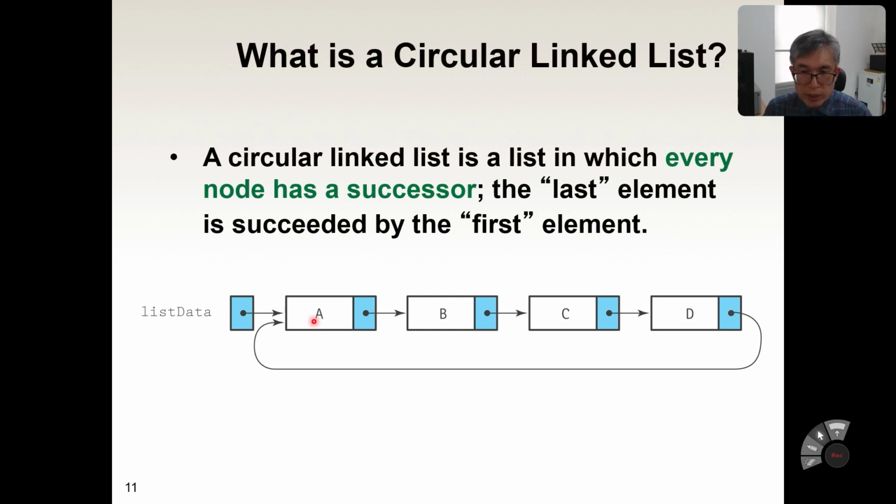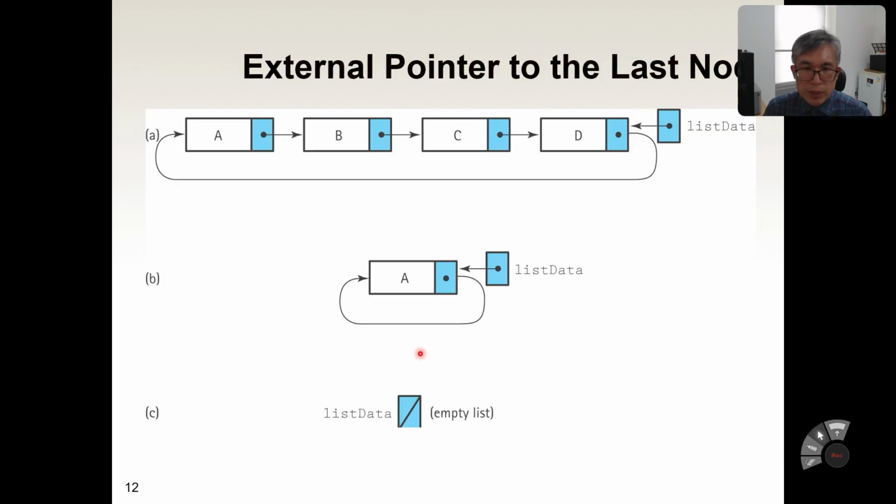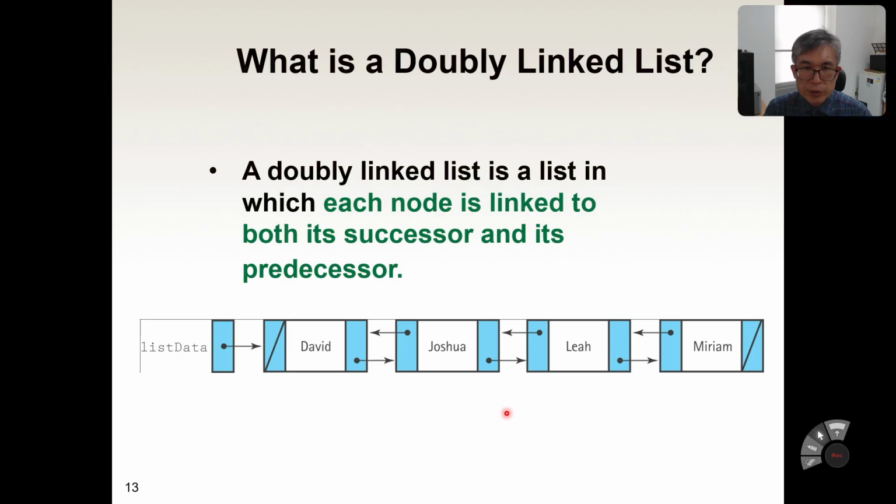And this makes a circle. So the list data can point to D, it doesn't matter because this is circular, right? So we can point to any list node. Also in case B, if we delete the first node, the list data value is null because this is an empty list.